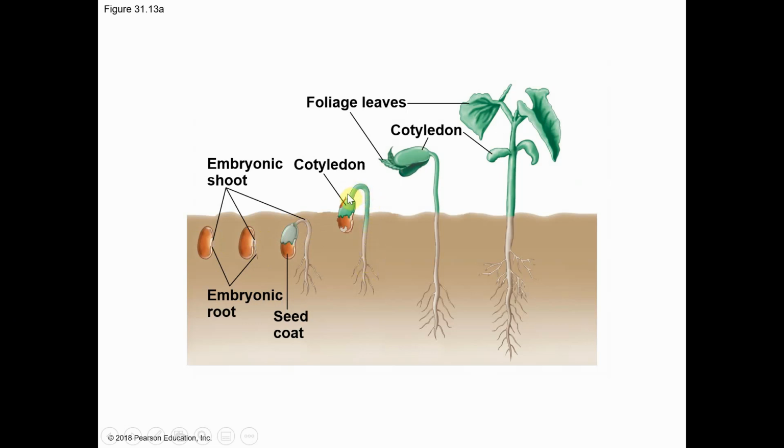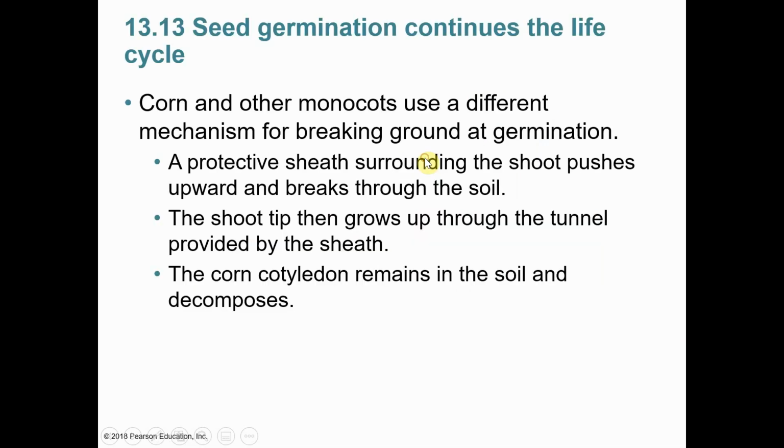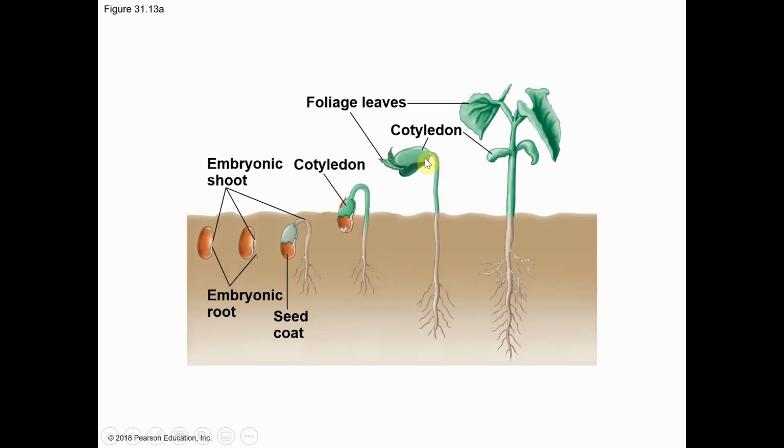And then its cotyledons, its first leaves, are emerging. Those cotyledons will have that endosperm as well that will then emerge the first foliage leaves that you see here. And so now it's going to continue growing, and the roots will get deeper, the stem will get longer and taller, and these eventually will wither away.